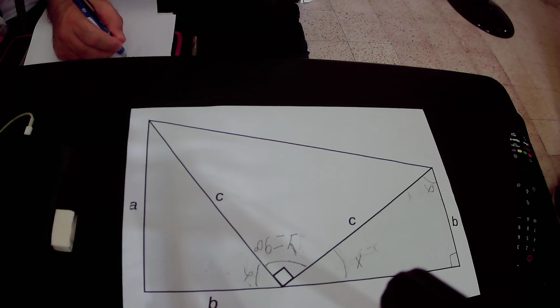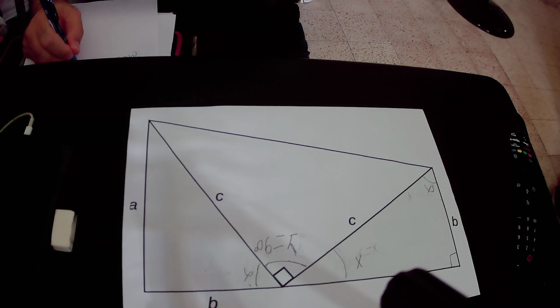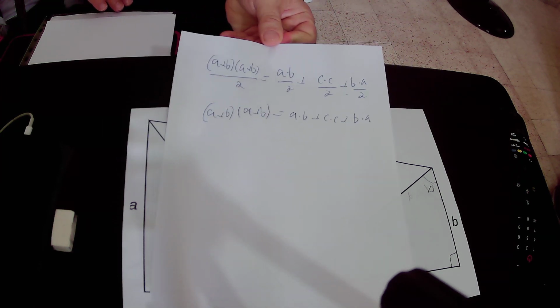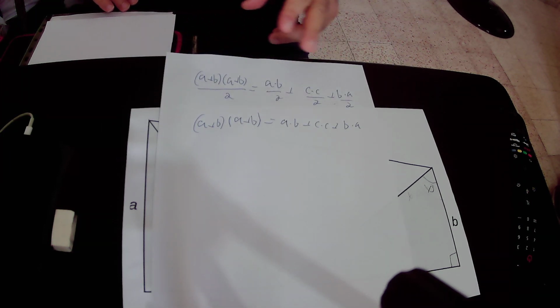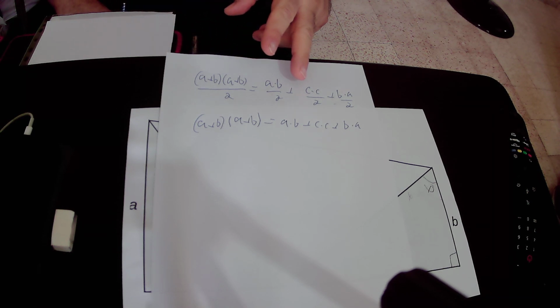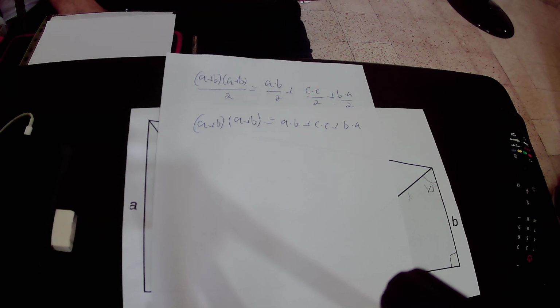We'll get that A plus B times A plus B equals AB plus C times C plus B times A. So after we multiplied the equation by 2, we got that A plus B times A plus B equals AB plus C times C plus BA. C times C is C squared, and A times B plus B times A is 2AB.